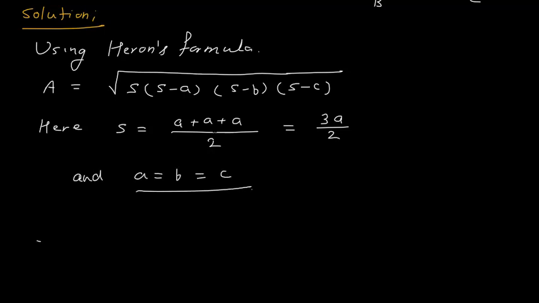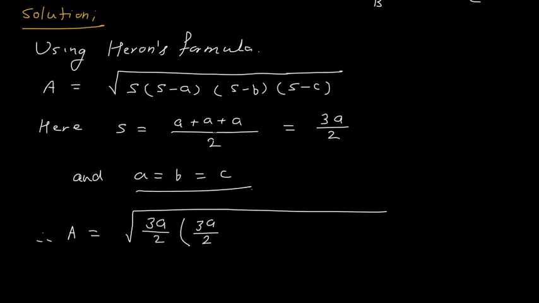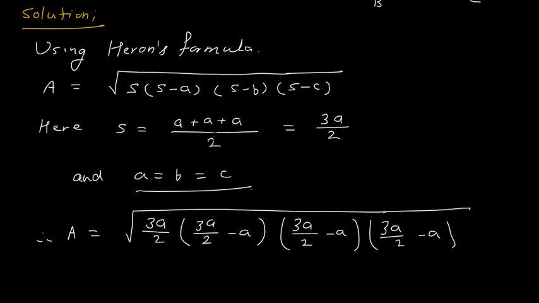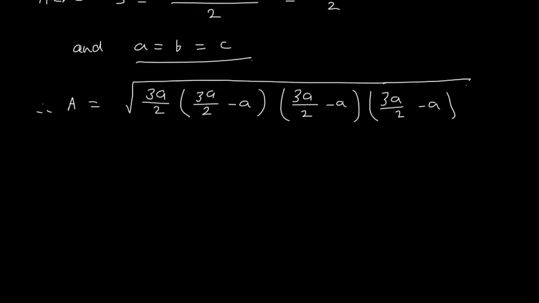So therefore area will become root of, now in place of S we will write 3A divided by 2, S minus A, that is 3A divided by 2 minus A, then again 3A divided by 2 minus A, then again 3A divided by 2 minus A. So we simplify it.